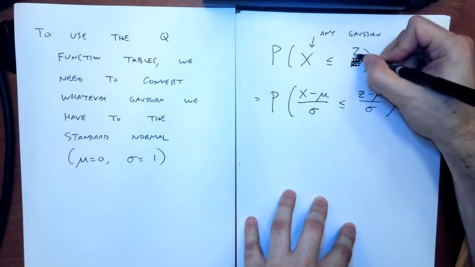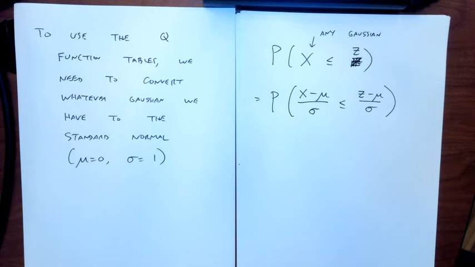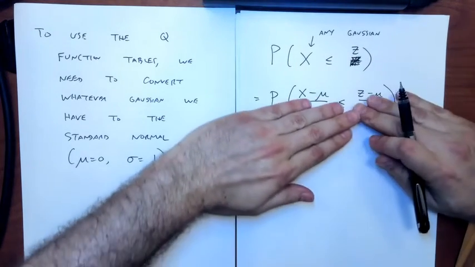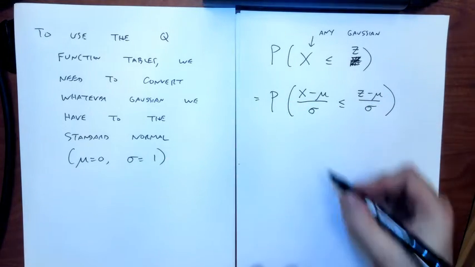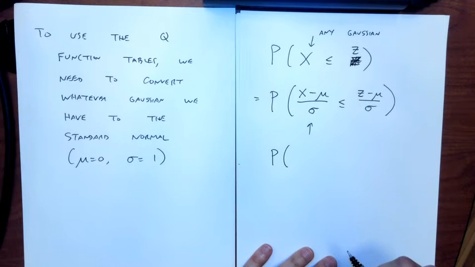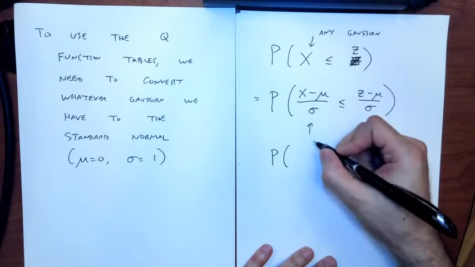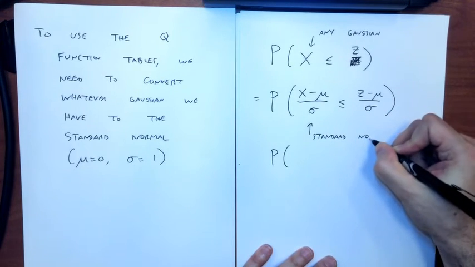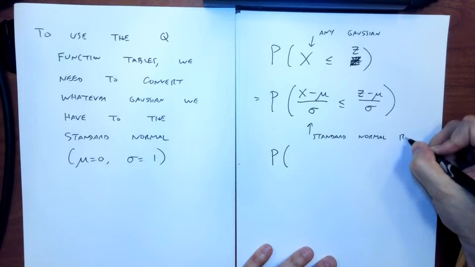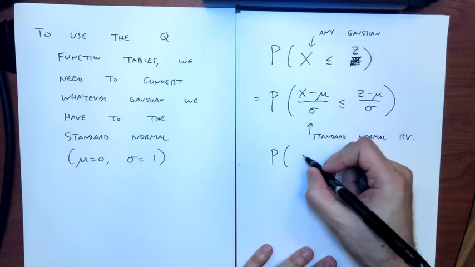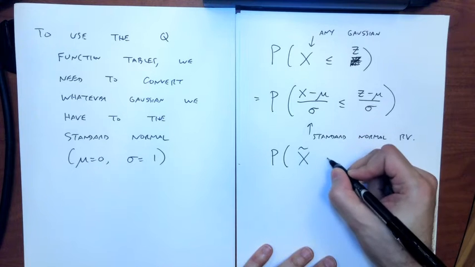This is basically saying I'm going to subtract mu and divide by sigma on both sides of this equation. Now this thing is basically a standard normal random variable, which means I can use my table. So I'm going to maybe call that x tilde, for example.